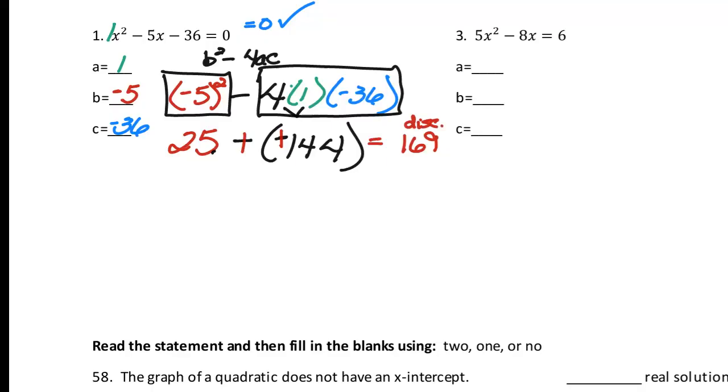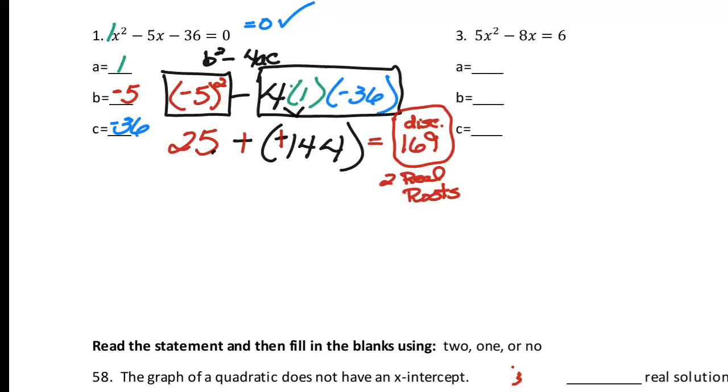That is a positive discriminant. When you have a positive discriminant, how many real roots do you have? Do you remember? It's either 2, 1, or 0. The answer is positive. You have 2. So you're going to have 2 real roots.